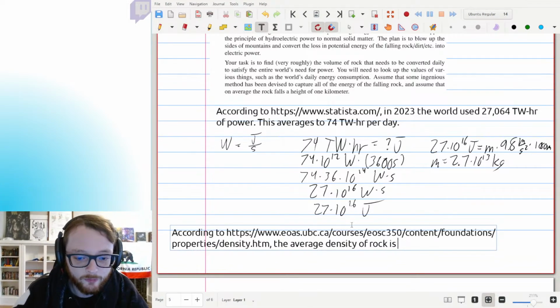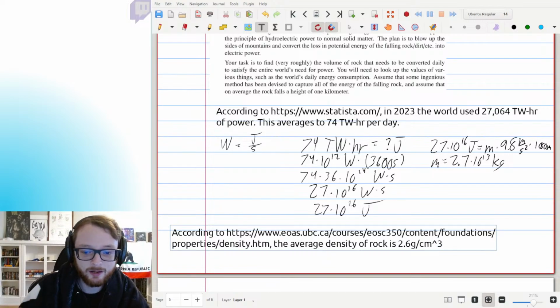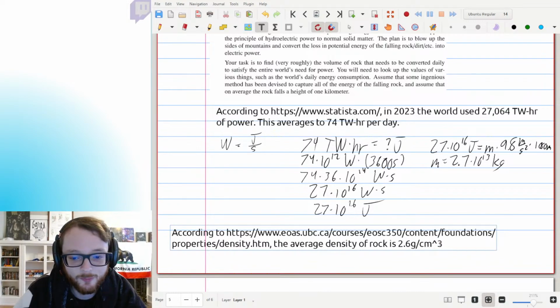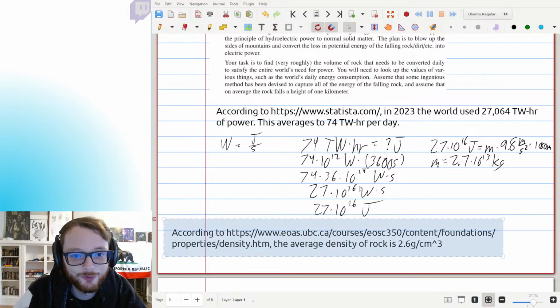We're going to call it 2.6 grams per cubic centimeter. Like, cc doesn't make sense to me. I like centimeters cubed.